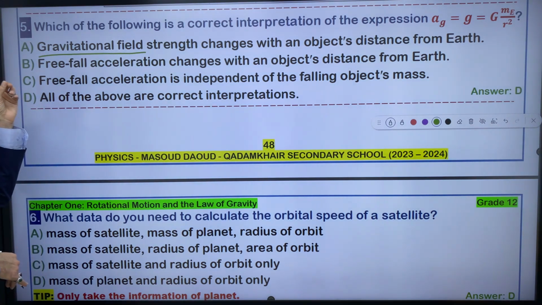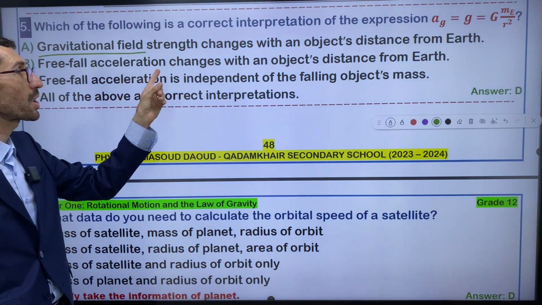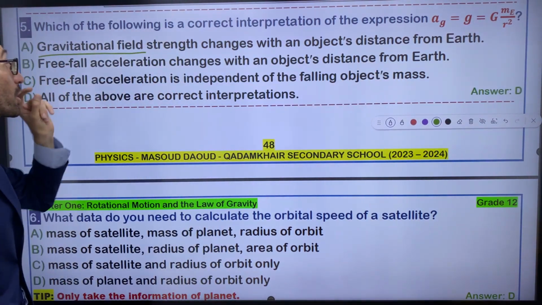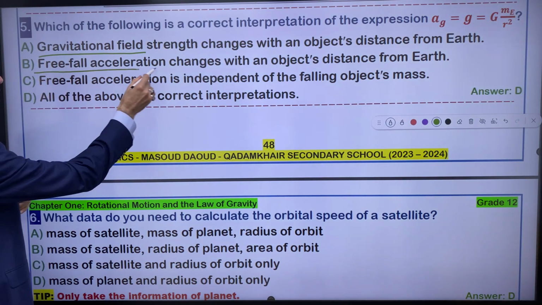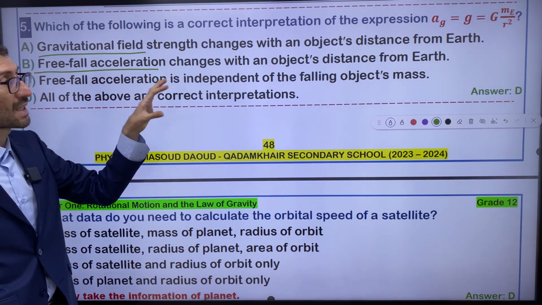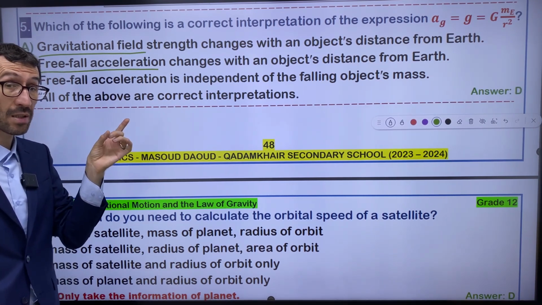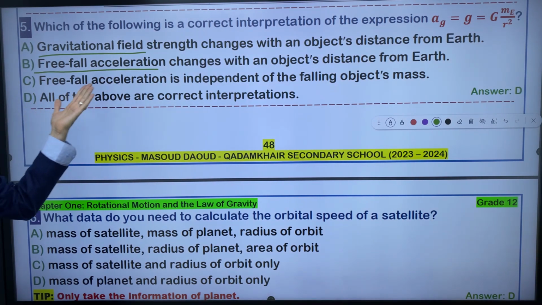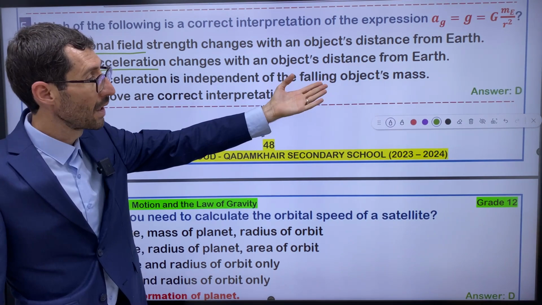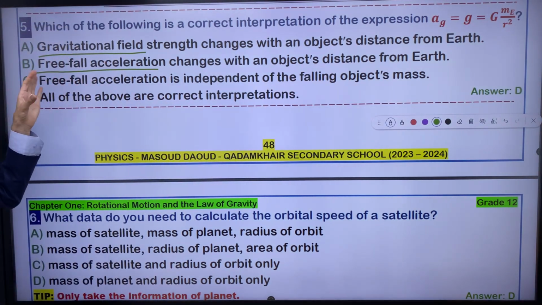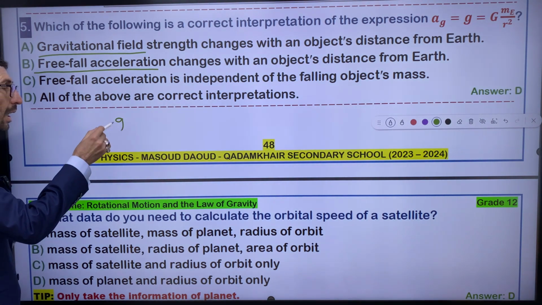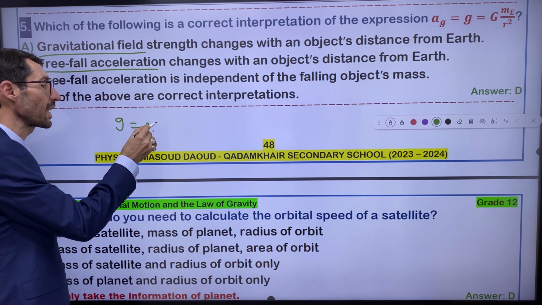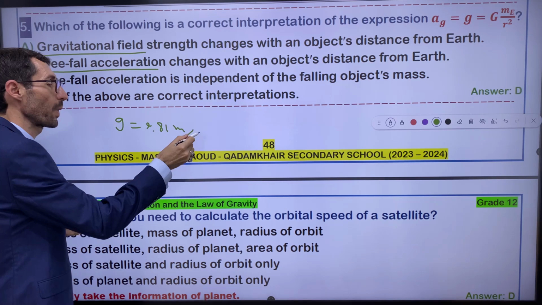So it's true. B, free fall acceleration changes with an object's distance from Earth. Is it true? Free fall acceleration means g actually. It says it changes with an object's distance from Earth. On the surface of Earth, g is equal to 9.81 meters per second squared.